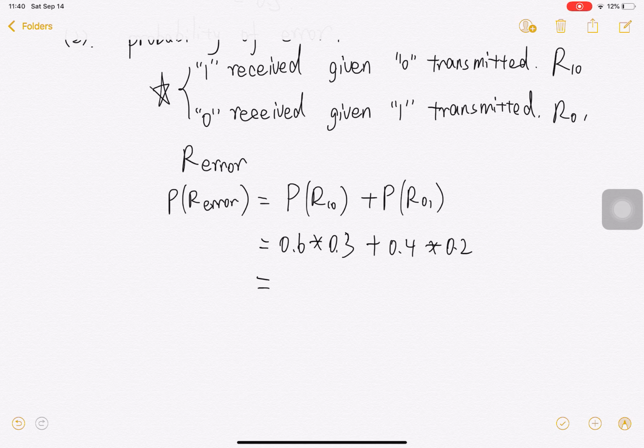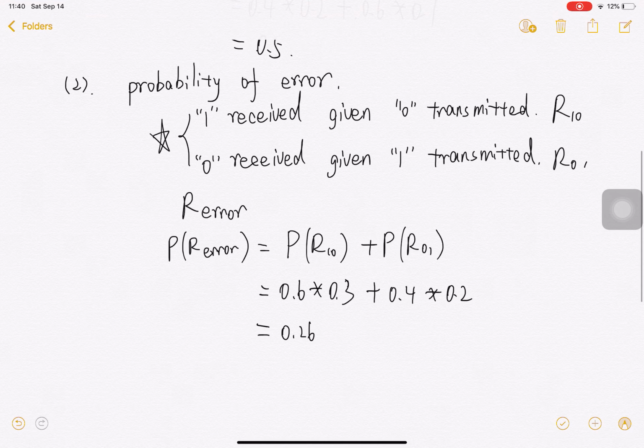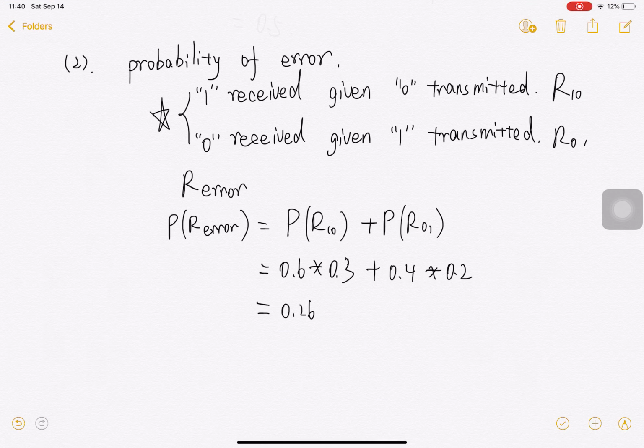Also an easy calculation, we can get 0.26 as the answer. So the probability of an error happening is 0.26. That's all. Thank you.